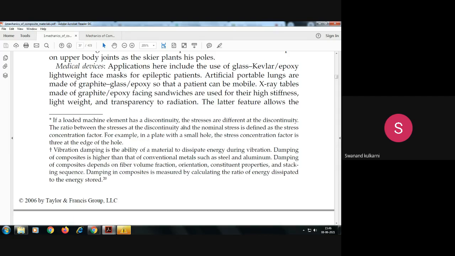Artificial portable lungs that are also made from graphite glass epoxy so that a patient can be mobile. X-ray tables made of graphite epoxy facing sandwiches are used for their high stiffness, lightweight, and transparency to radiation, because we know that transparency to X-ray radiation is very essential.